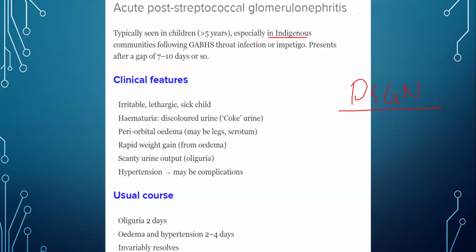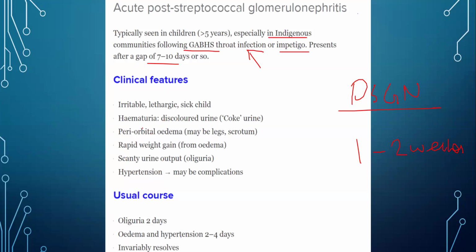They get a group A streptococcal infection, most importantly a group A streptococcal throat infection, or even sometimes impetigo, which is a skin infection. So following a throat infection or impetigo, if a child develops hematuria, usually after a week, so IgA nephropathy is within 1 to 2 days of an infection, whereas PSGN is within 1 to 2 weeks of an infection.